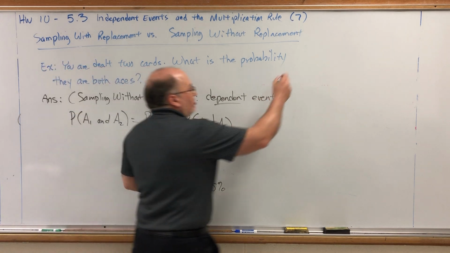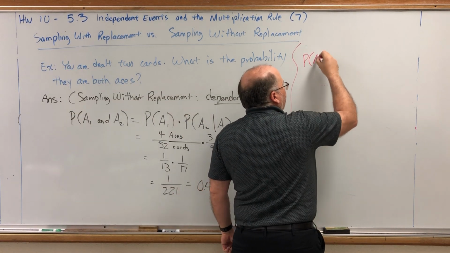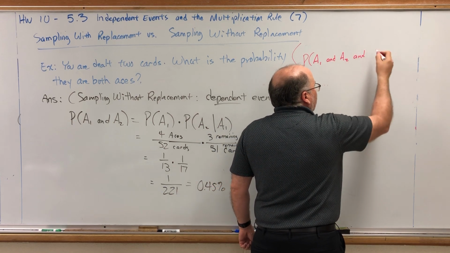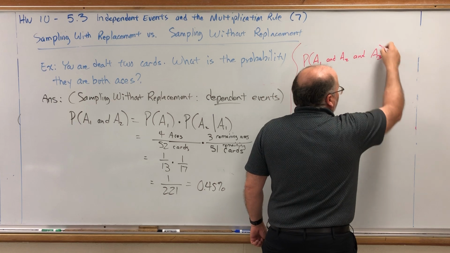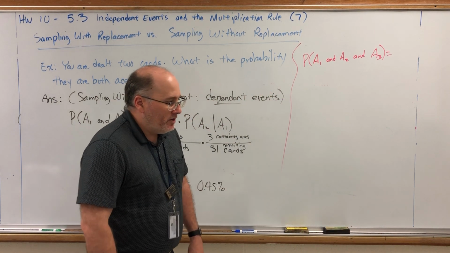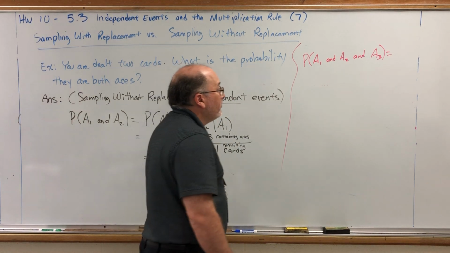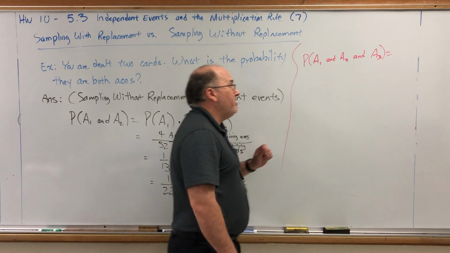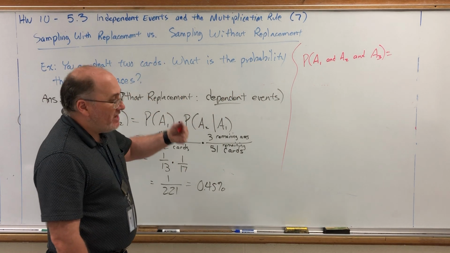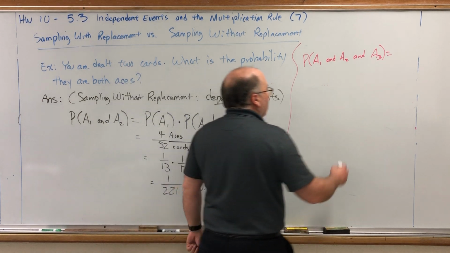Without setting up the formula, what do you think you would have to do to calculate the probability that the first card is an ace and the second card is an ace? And let's say you get dealt a third card and it's also an ace, such as if you're playing 7-card stud, where you're dealt 3 cards at the beginning. Well, these are still dependent events, and this is still without replacement, which means every time something happens, I have to consider that it happened before setting up the next probability.